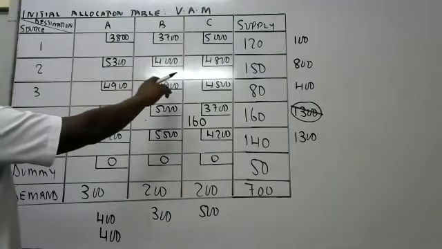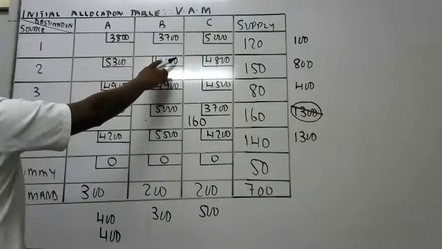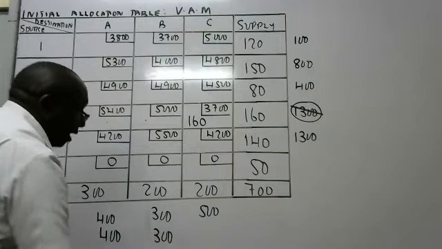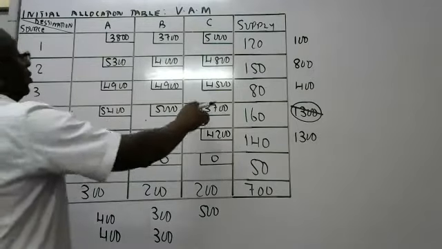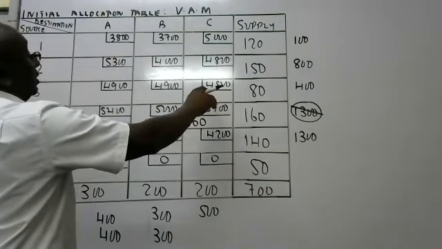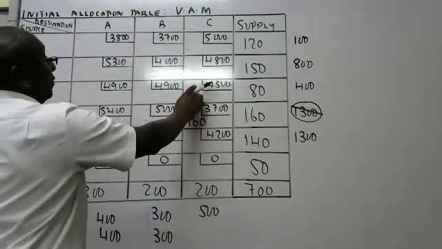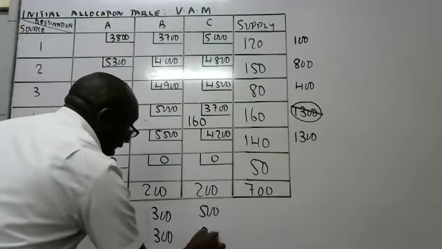In B, the smallest is 37, followed by 4,000, so we have 300. Then in C, the smallest is now 42, followed by 45, a difference of 300.